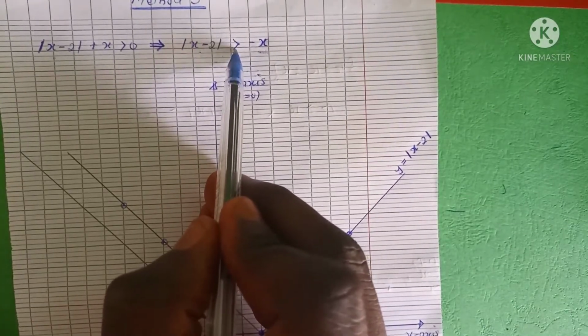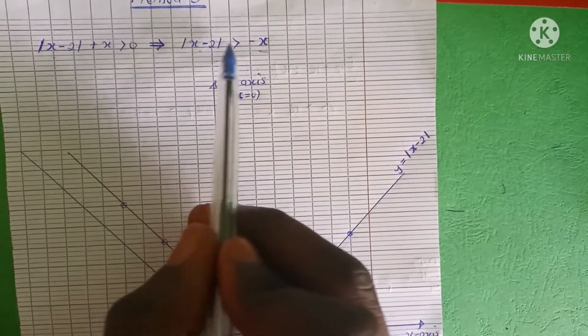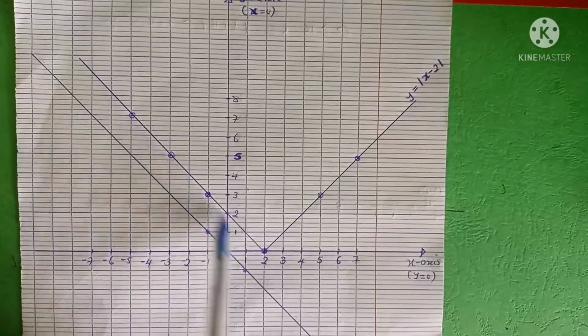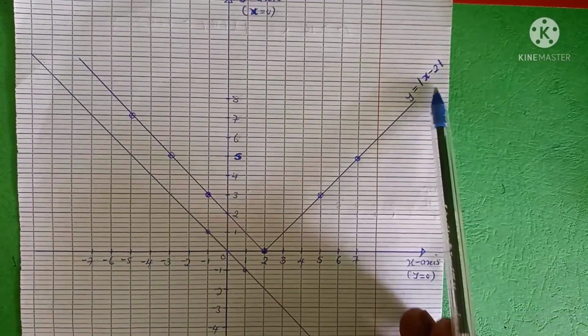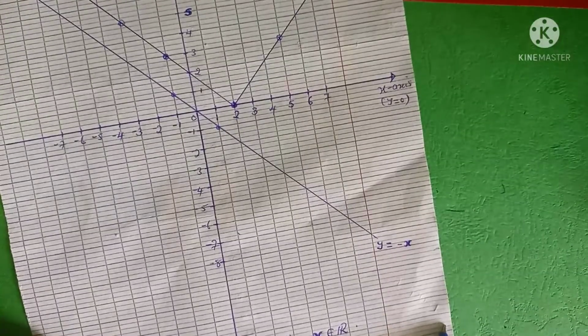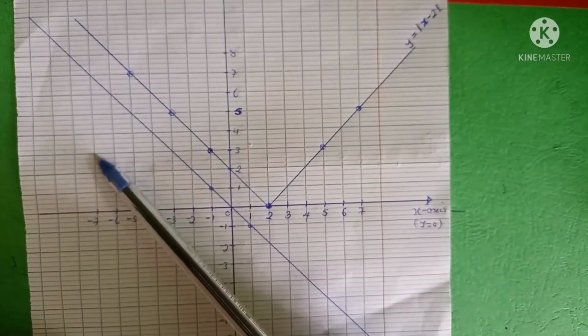So we are looking for those values of x for which the graph of the absolute value of x minus 2 lies above the graph of negative x. And these are the two graphs here. So we can see clearly that the graph of the absolute value of x minus 2 is always above the graph of y equal to negative x. There is no portion for which this graph goes below this one.